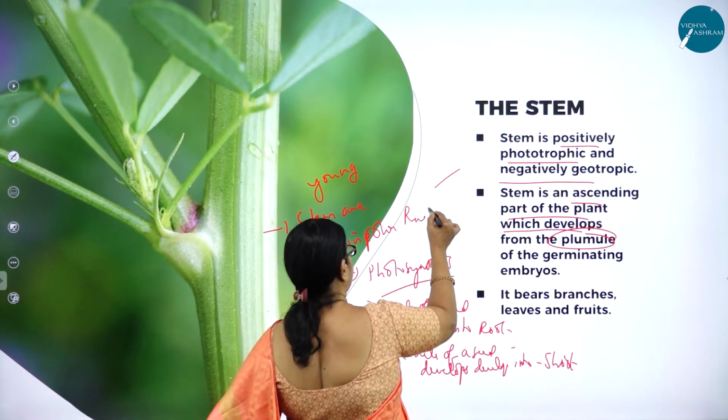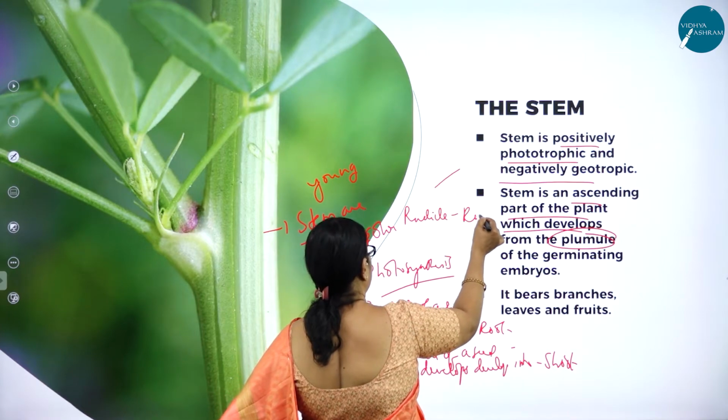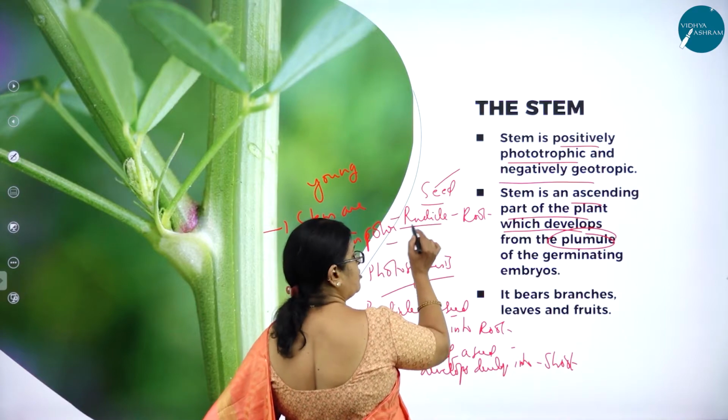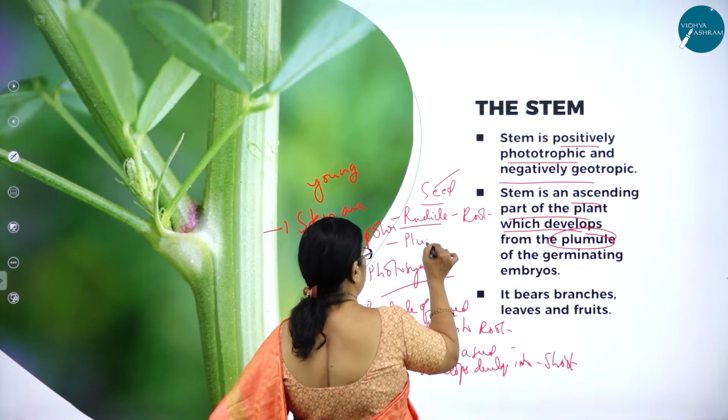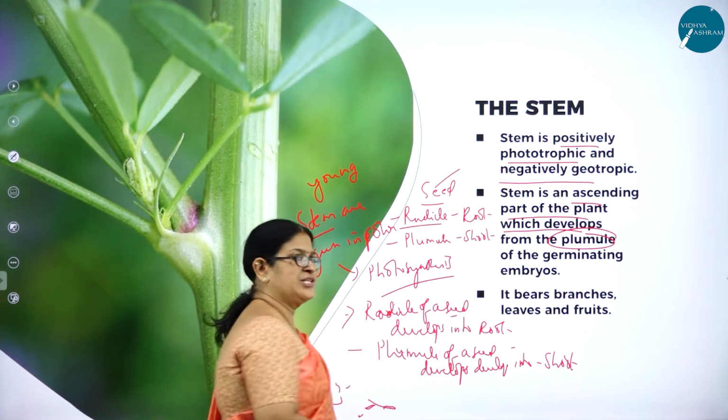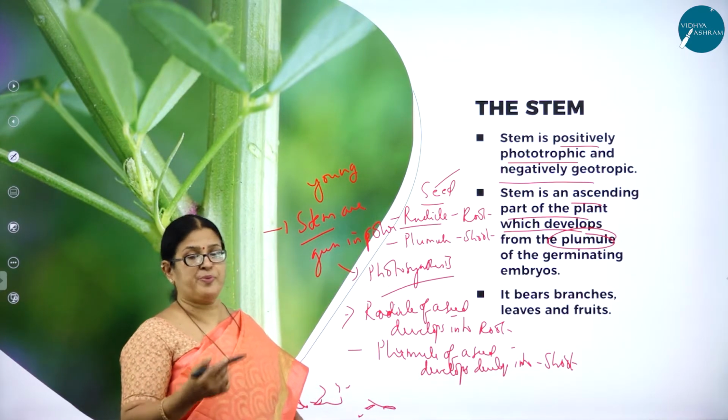So in a seed you come across one part called the radicle, which will develop into root, and the plumule will develop into shoot. So as soon as you sow a seed, it sprouts, it germinates.